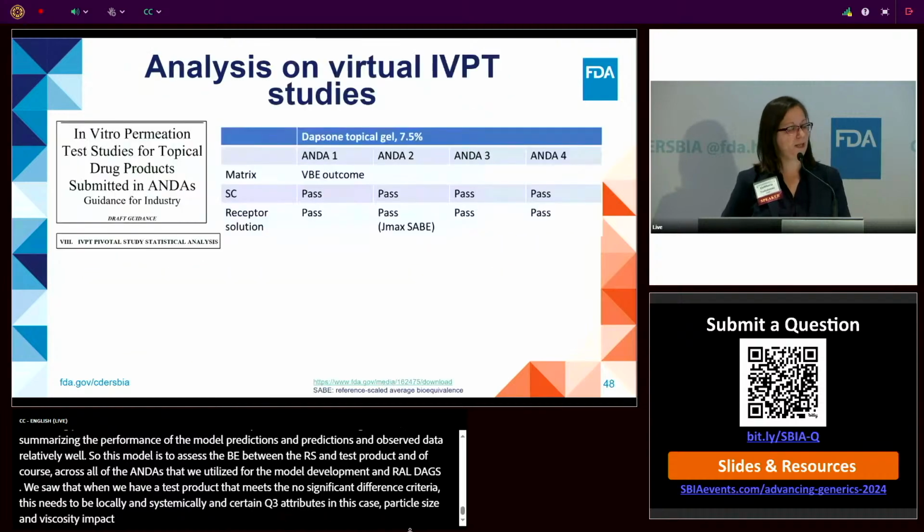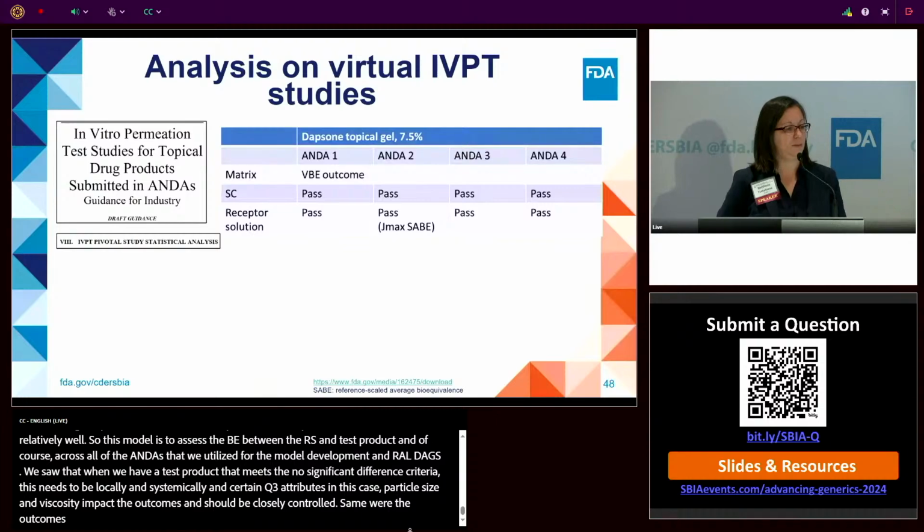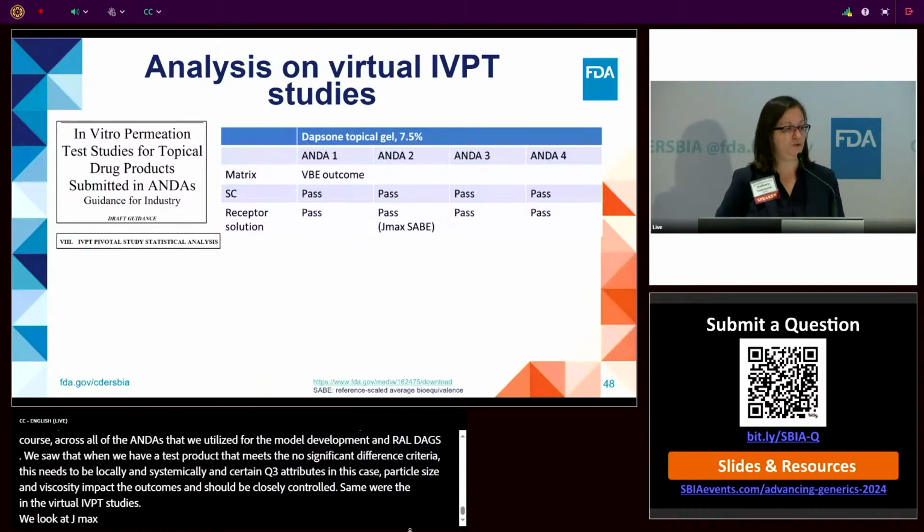Same were the outcomes in the case of the virtual IVPT studies, where we looked at Jmax and the cumulative amount in the receptor solution and also amount of Dapsone in the stratum corneum.